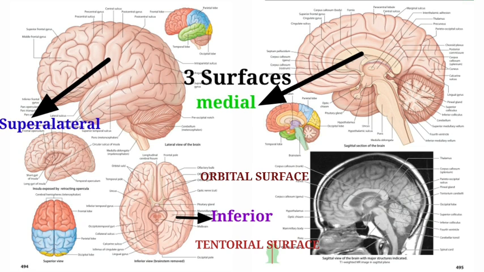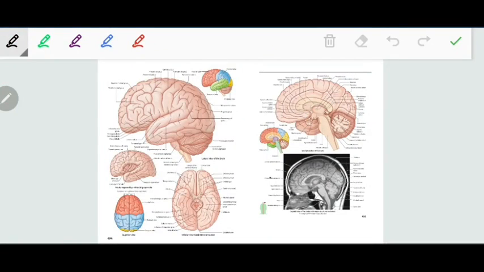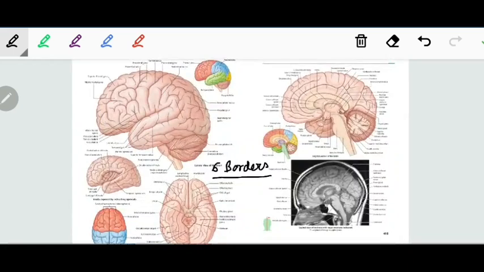The brain presents six borders apart from the three surfaces that we have already discussed. Each cerebral hemisphere presents six borders. The first is the superomedial border, which separates the superolateral surface from the medial surface.